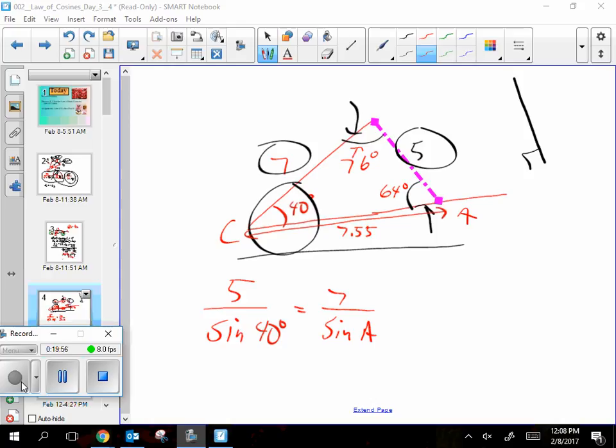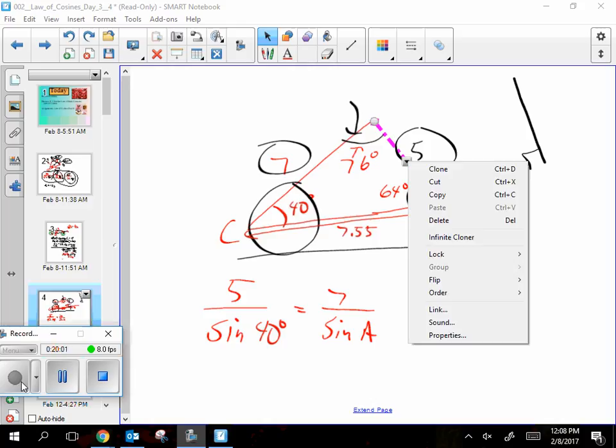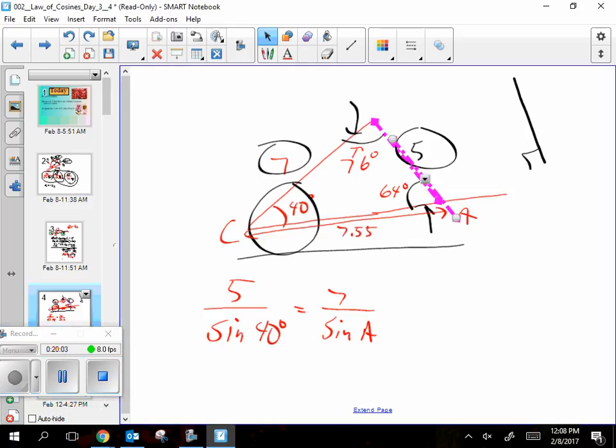So what does this whole ambiguous case thing mean? That means that side, 5, could have just as easily, I'm going to clone this thing, swung the other way. And if it did, then it would have looked like this, and the triangle would have been a lot smaller. Use the symmetry of this to say, okay, so this has got to also be 64, and this has got to be 5, and look at that.